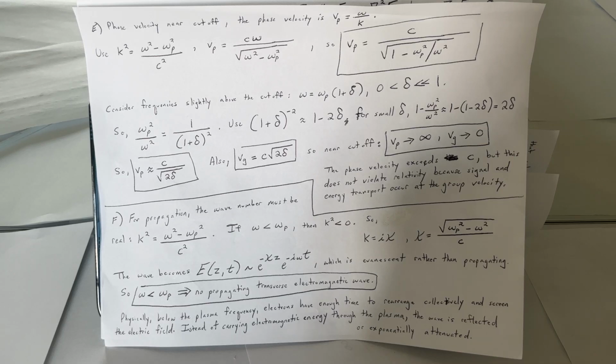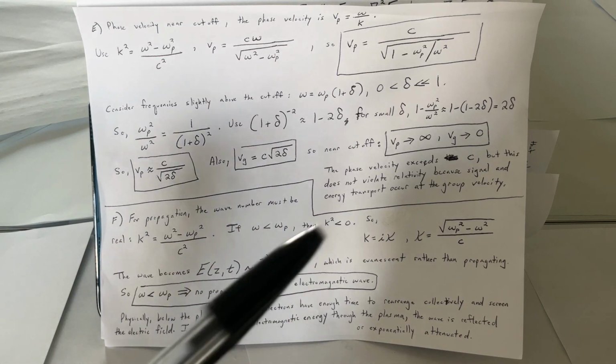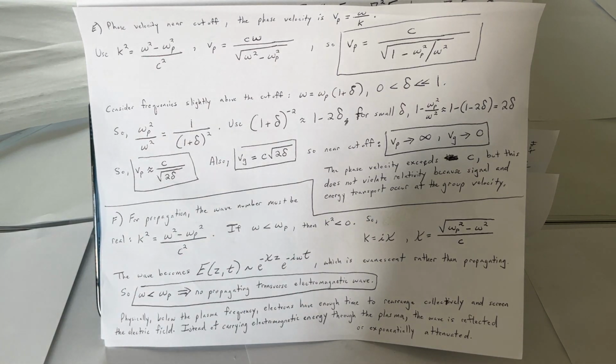Okay. And for part F, interpret physically why propagation ceases below the plasma frequency. So for propagation, the wave number must be real. K squared equals omega squared minus omega sub p squared over c squared. If omega is less than omega sub p, then k squared is less than 0. So we let k equal i kappa, and kappa equal the square root of omega sub p squared minus omega squared, divided by c.